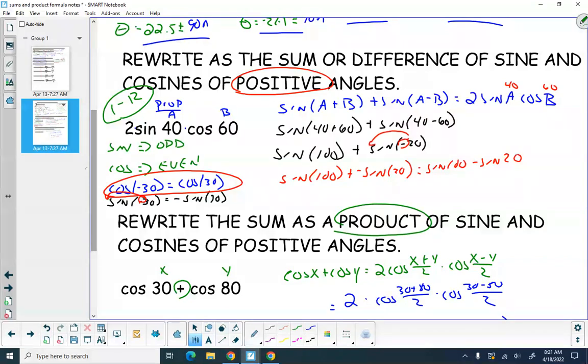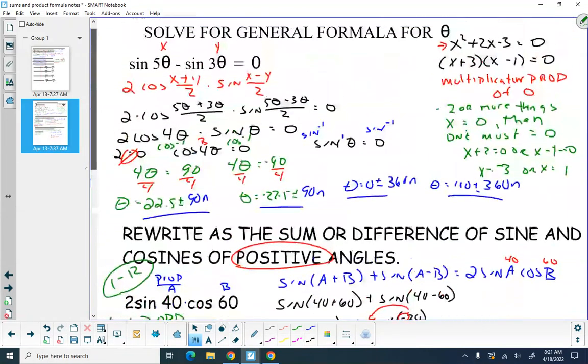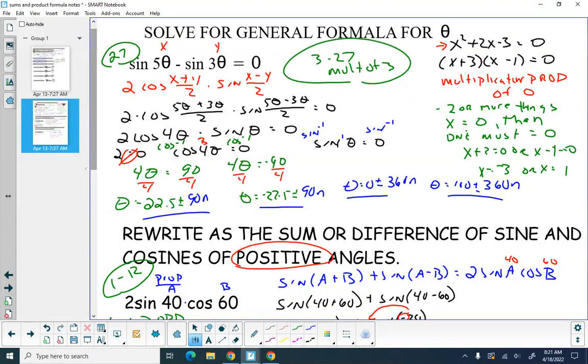The second section, which is 13 through 24. That's these problems here. The last section, problem number 27. It's like that problem there. You can stop at 27. It says 3 to 39, just stop at 27. So that problem's 3 to 27 multiples of 3.